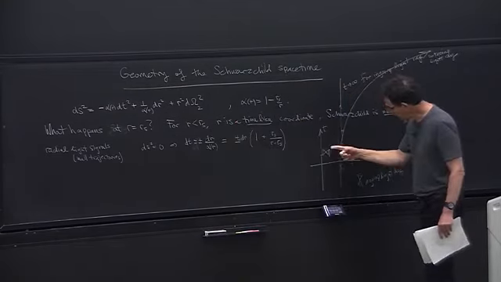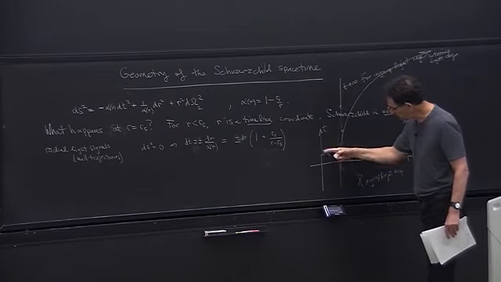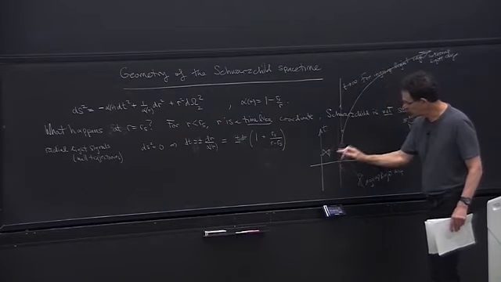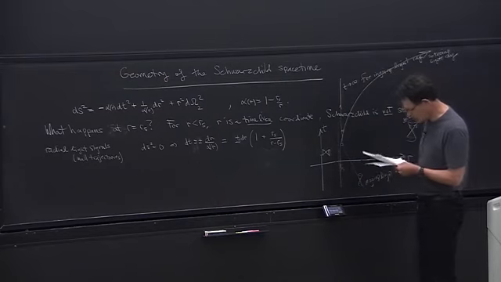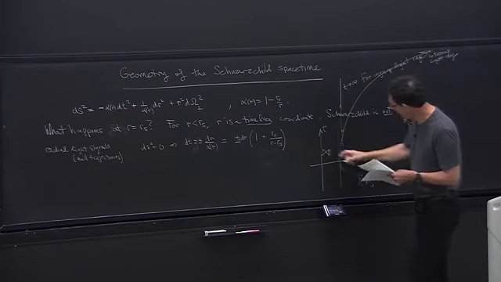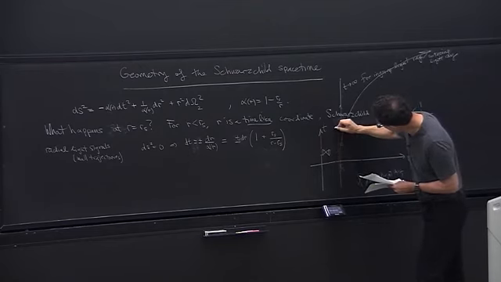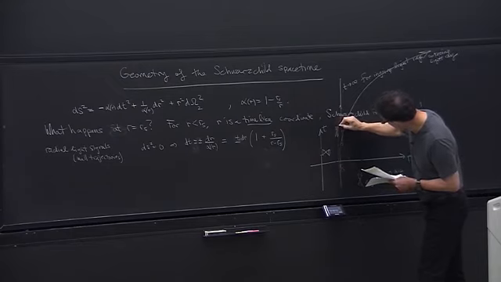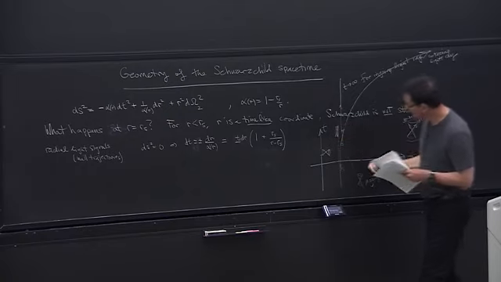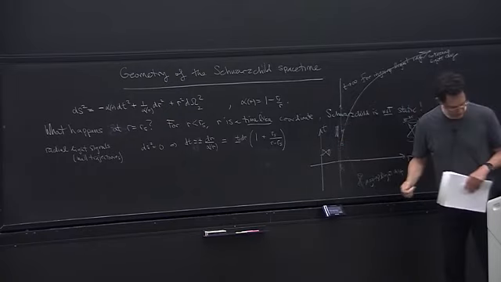So I need to combine the t with the angles to have the spatial cross-section of the light cone. And when I go towards r equals rs, this light cone flattens like that. The angle goes nearly vertically. That's not very well drawn.